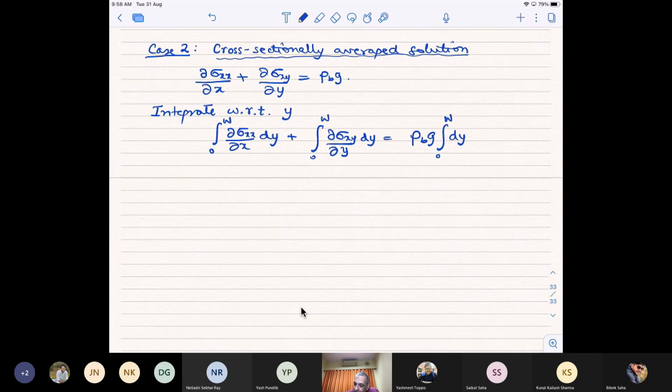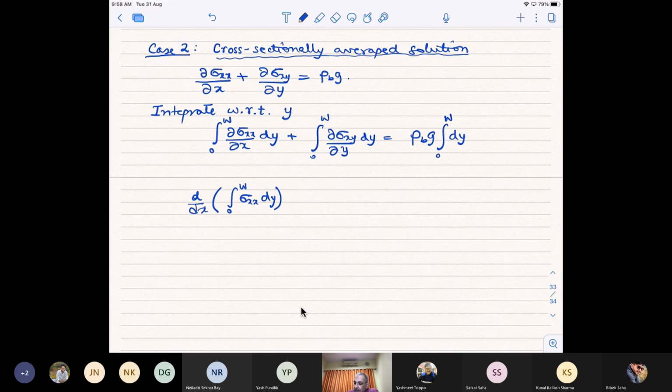Now in the first term, I'll take the integral inside. So I'll have d by dx, and then the integral from 0 to w of sigma xx dy. So I've interchanged: instead of taking the derivative first, I'm taking the integral first and then the derivative of the integral. This is all right because neither of the limits are functions of x, so this can always be done.